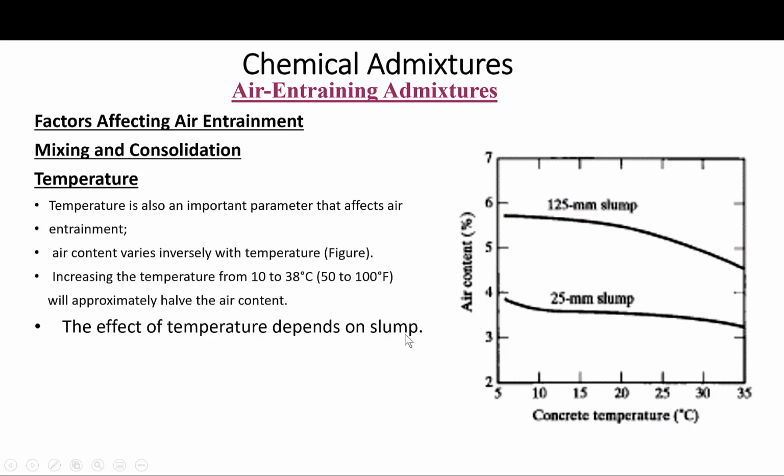The temperature effect also depends on slump, as you can see here. This is for 25 millimeter slump, you see the effect. And here for 125 millimeter slump, it goes from close to maybe 5.8 to 3 to 4.5 or something. So a big drop. And again, testing, trial batching, considering the job site conditions you are pouring that concrete under must be considered when deciding the dosage of air entrainment.